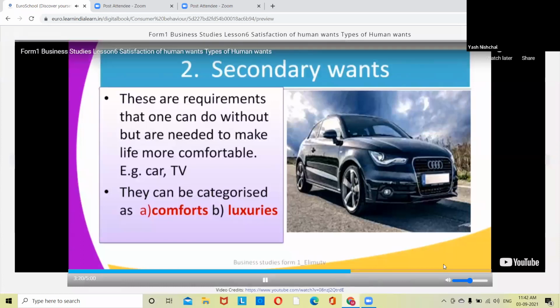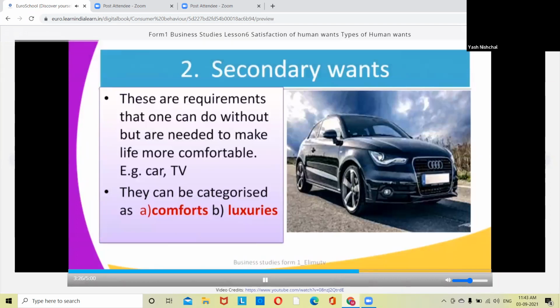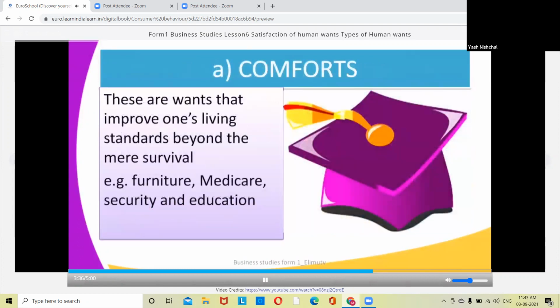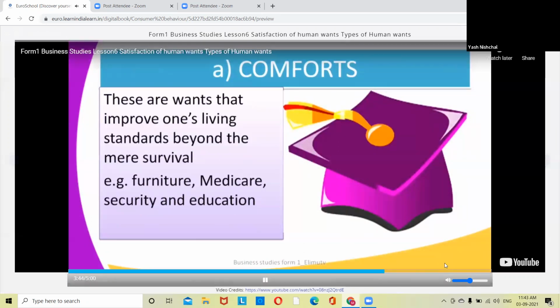We categorize secondary wants into two. Secondary wants can be categorized either as comforts or luxuries. Comforts are wants that improve one's standard of living beyond mere survival. For example, furniture.